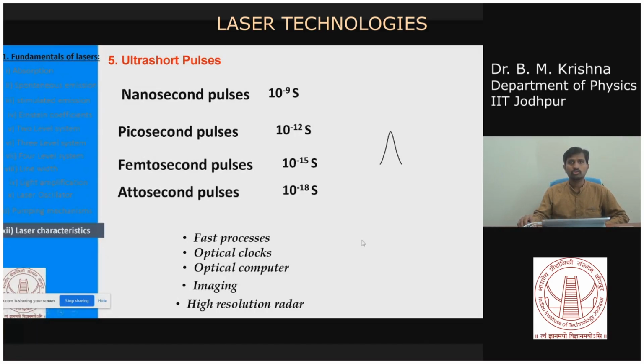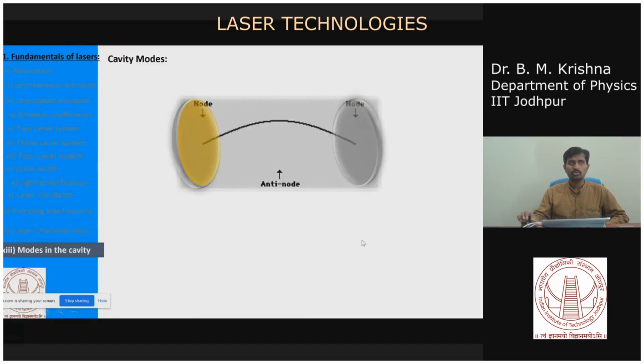So now I am going to different cavity modes in the laser oscillator. You see this is the laser cavity. Your two mirrors create a cavity. So what are cavity modes? In general, the cavity modes are the frequencies which are oscillating inside the cavity.